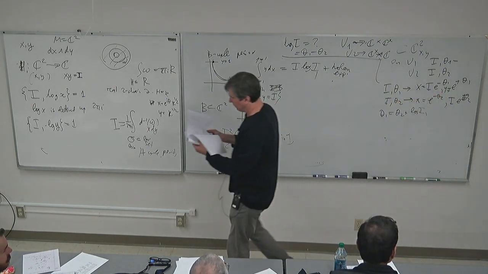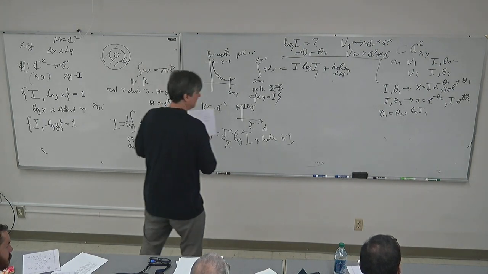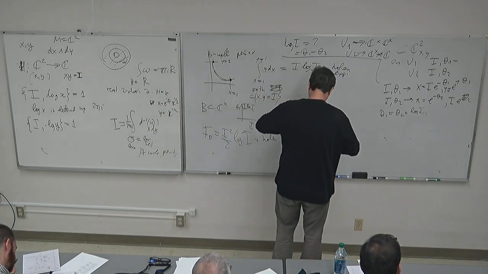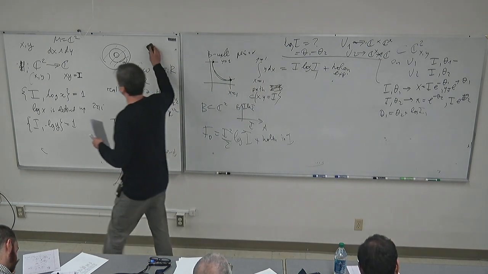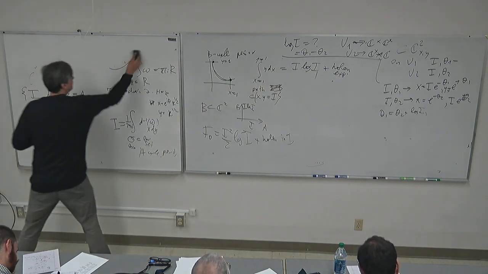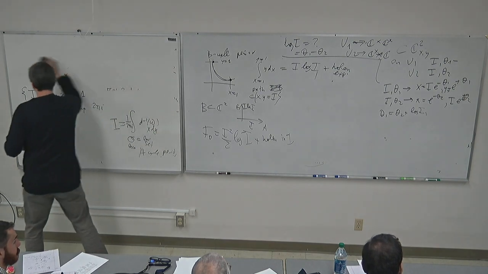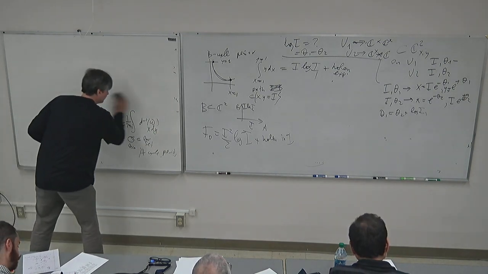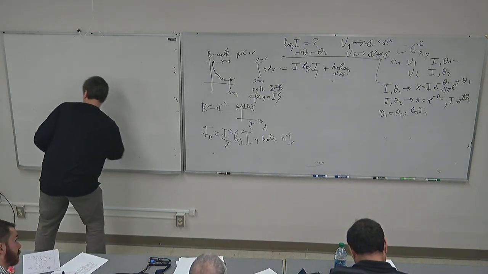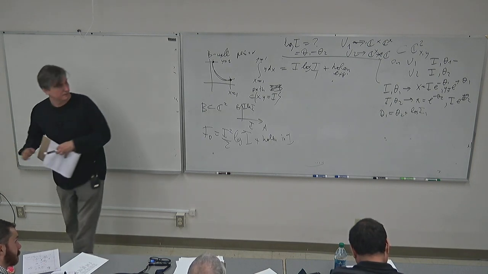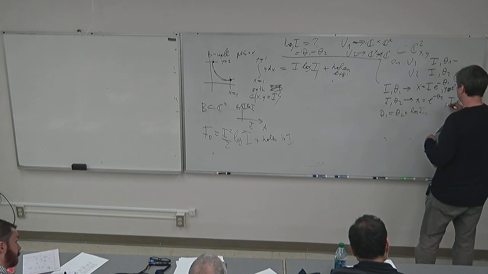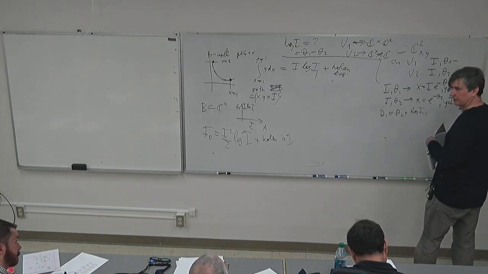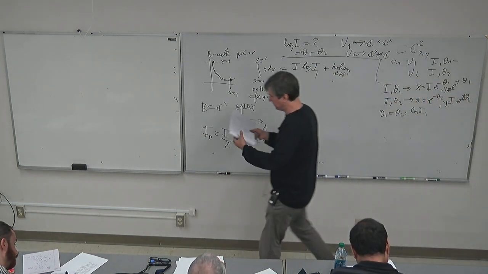Now we want to quantize it and repeat all the calculation. So I1, θ1 goes to x, and y is equal to I times c2. Okay, so we get this quantization.